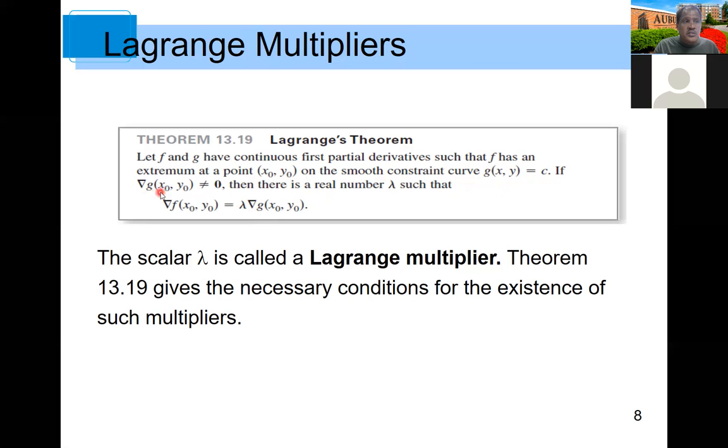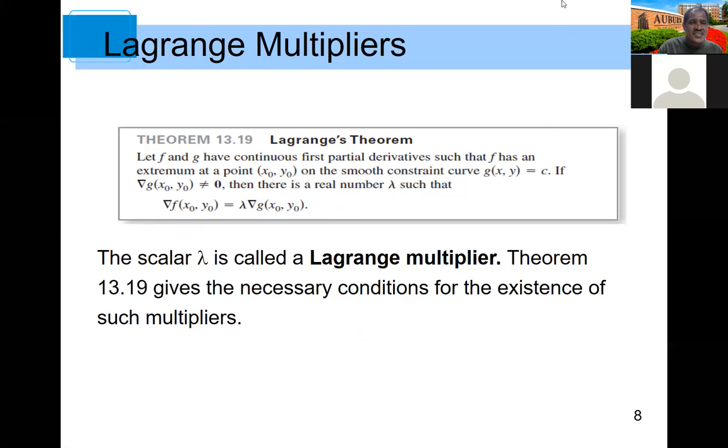And del g of x naught, y naught is not the zero vector. These are called necessary conditions. So Lagrange's theorem says, if these conditions are satisfied, then there is a number lambda which satisfies this condition. In other words, the two vectors are parallel, okay?